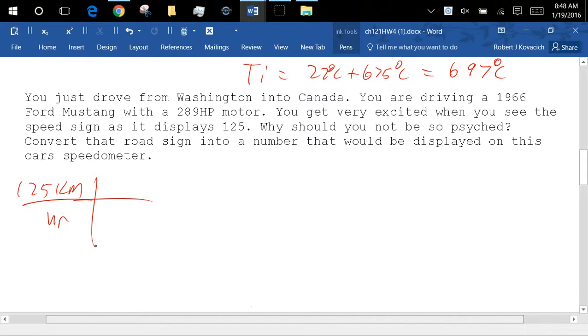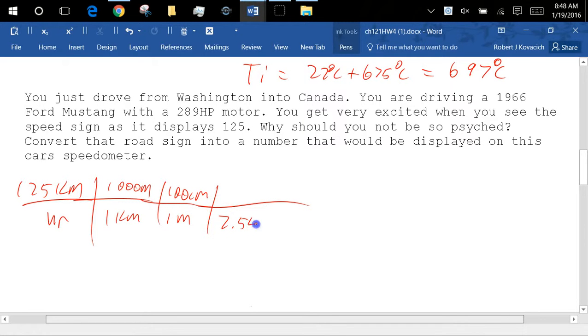And so in 1966, do you think they were putting miles per hour and kilometers on the speedometers? No. I had one. It did not have it. It just has miles per hour on it. So 1 kilometer is 1,000 meters, and 1 meter is 100 centimeters.